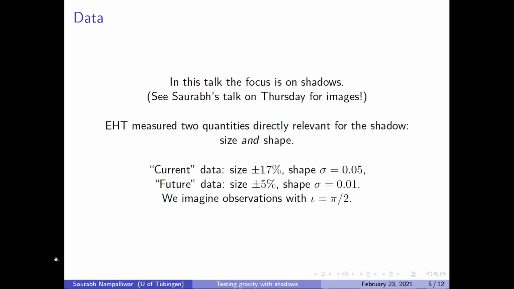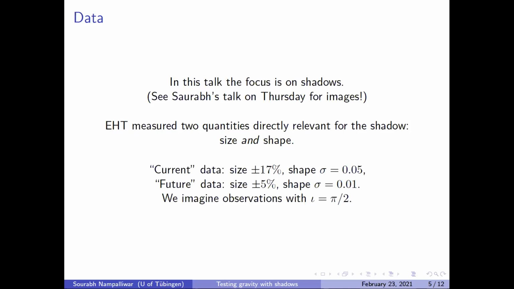So there is what I would call the current data, which is the estimates that EHT has reported using M87. The size of the shadow is measured with a 17% precision, and the sigma of the shape is 0.05.